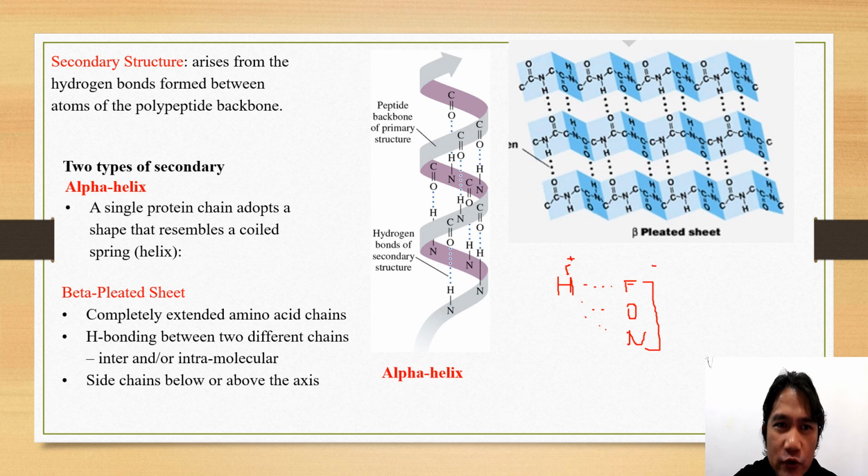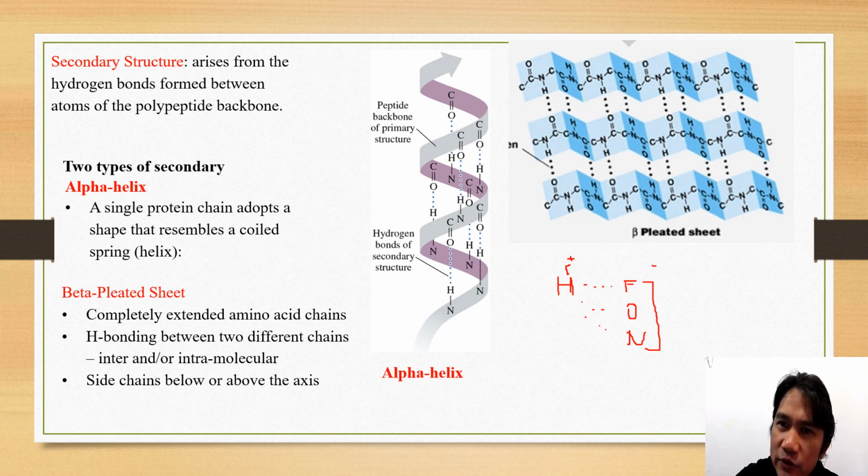Again, the secondary structure arises from the hydrogen bonds that are formed between the atoms in the polypeptide backbone. So what are the atoms in the backbone of a polypeptide? You would consider these atoms as backbone. A backbone supports an organism, and in protein, this backbone also supports the structure of the protein.